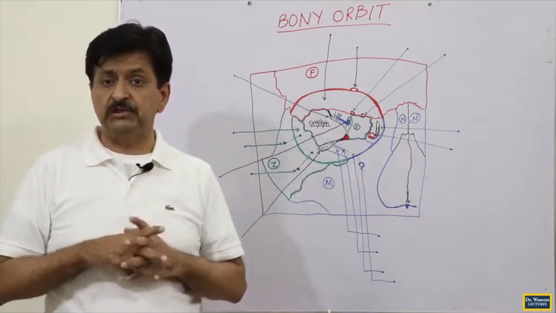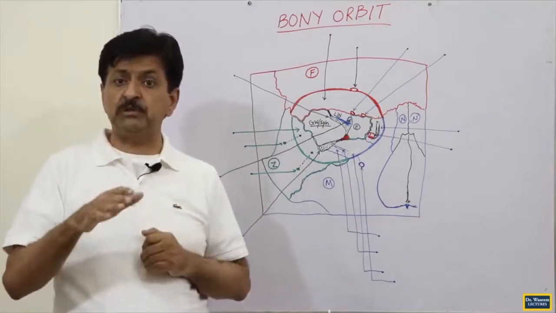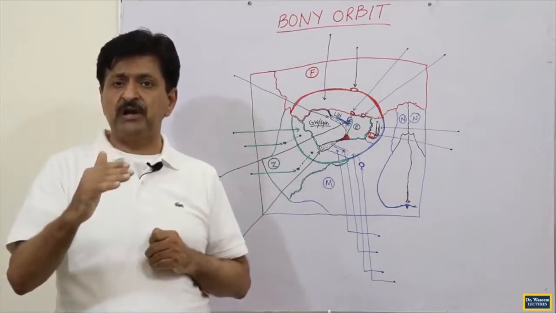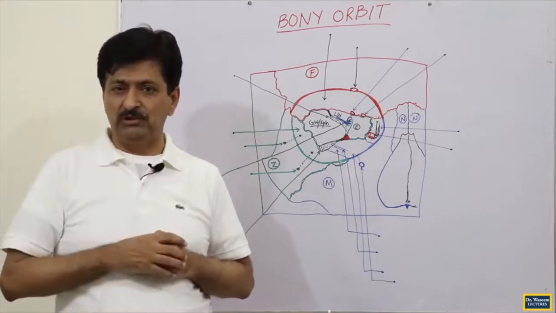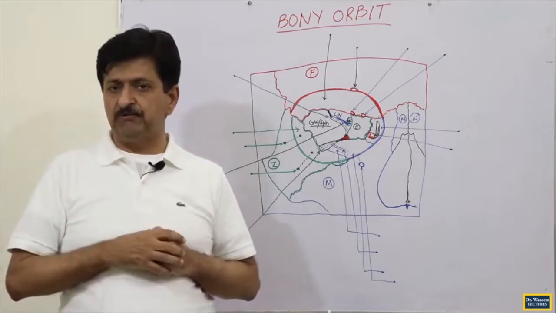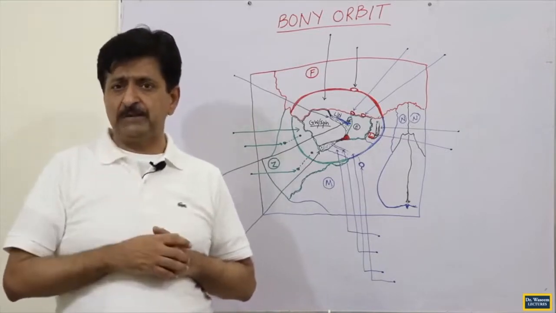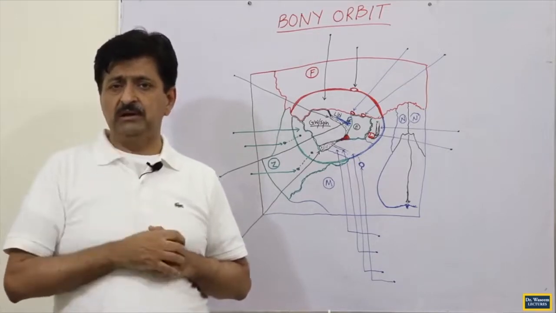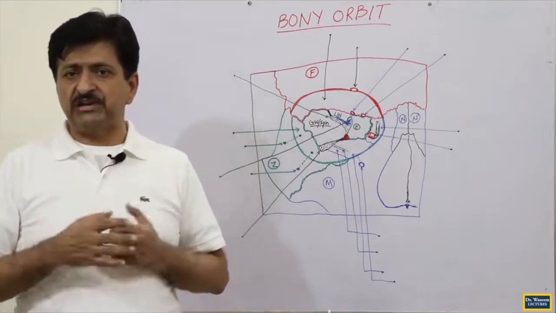Almost 6 nerves out of 12, half the number of nerves, are allocated for just the eyeball. And it's not just the nerves, there will obviously be some lymphatics also, arteries as well, and the venous drainage also.